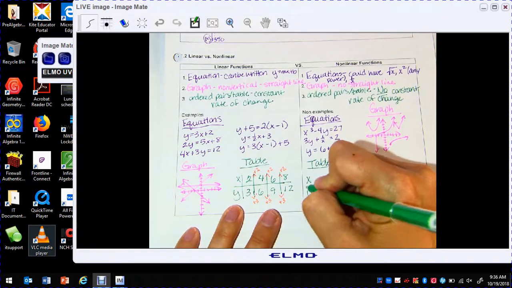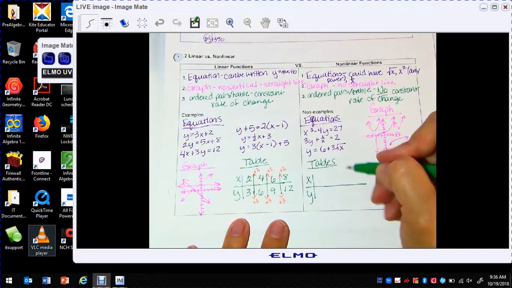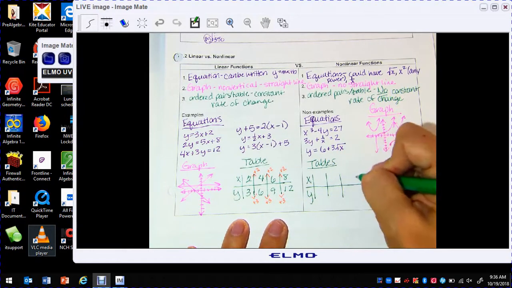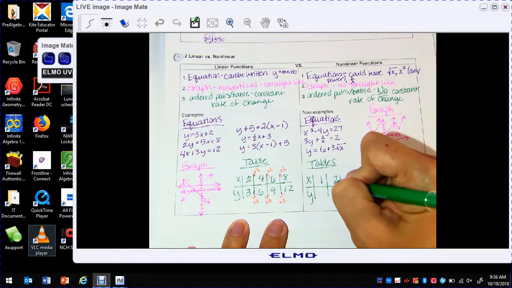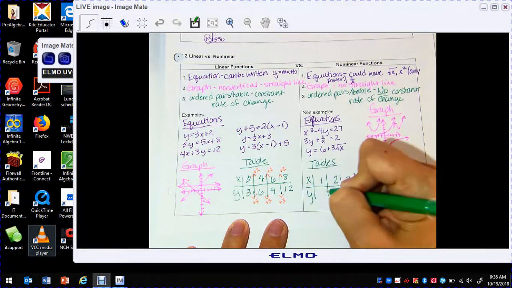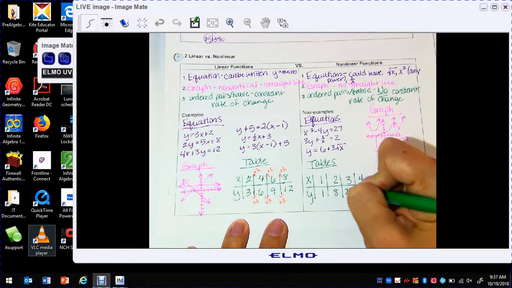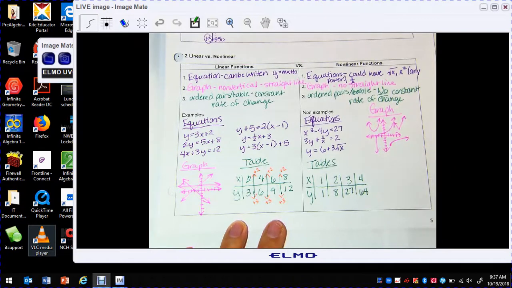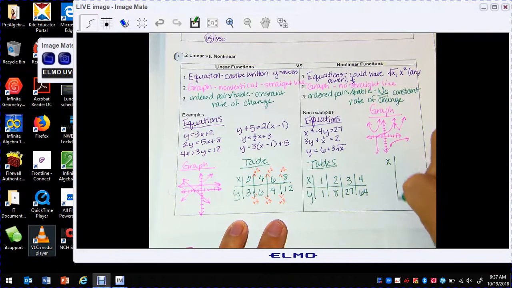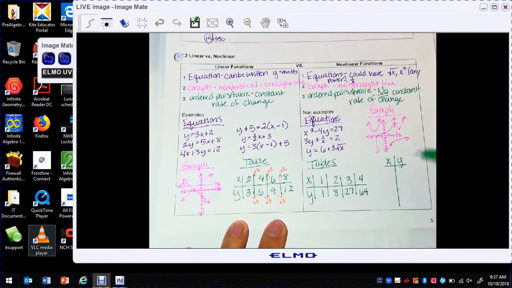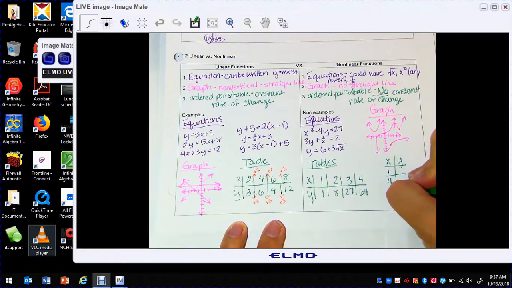So if I give you x comma y, and I give you, let's go 1, 2, 3, 4, and 1, 8, 27, 64. I'm going to go ahead and write the other one. And now you could also have a table that goes up and down. You might even have the lines, where you have 1, 4, negative 3, 7, and 2, 4, 6, 8.